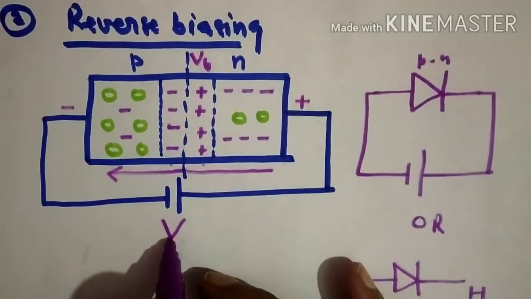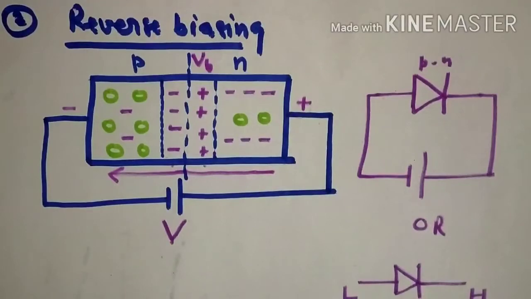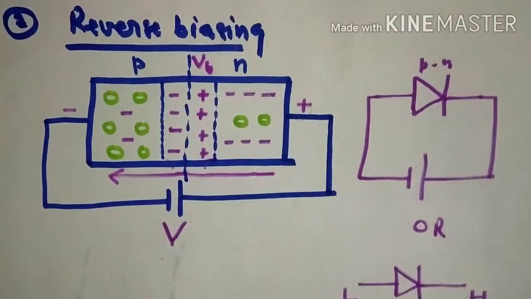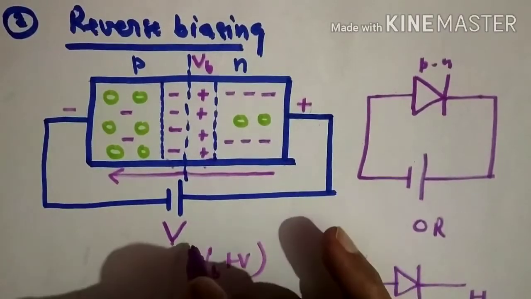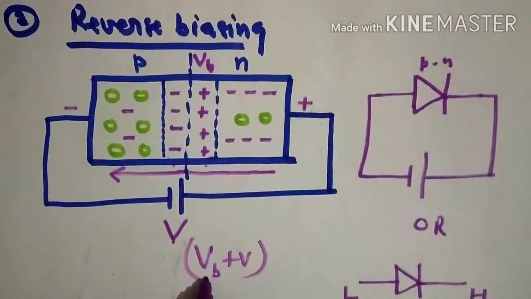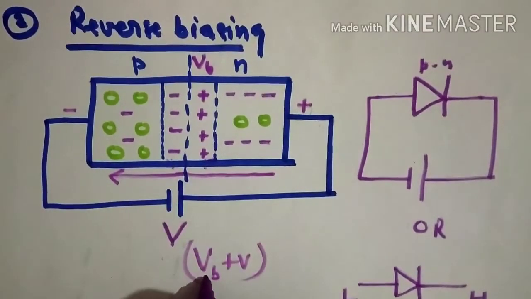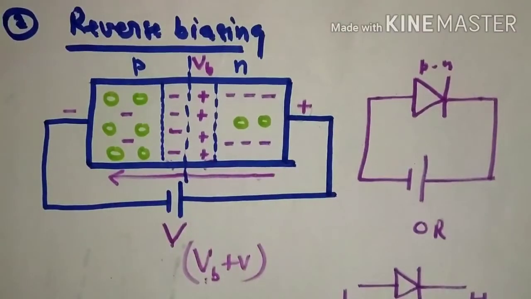Now when we apply this reverse voltage, what happens? The effective voltage across the depletion layer becomes VB plus V. VB is the value of the barrier potential, and that potential difference across the depletion layer is in the same direction, and your applied voltage V also drops in the same direction.